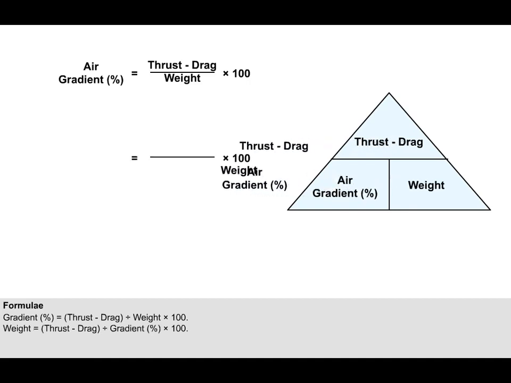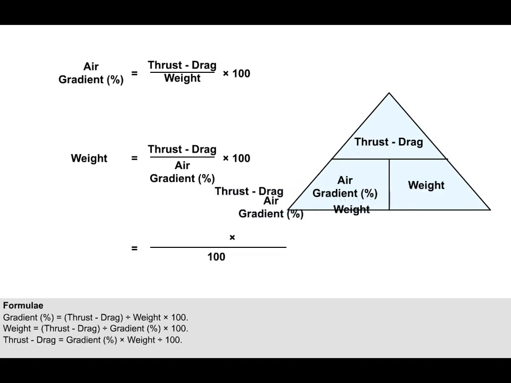For example, if you are asked to calculate the weight, then the formula would be the thrust minus the drag over the gradient. Or, if you needed to calculate the thrust minus the drag, in other words, the excess thrust, then take the gradient and multiply it by the weight.